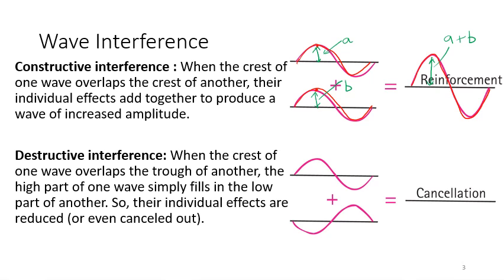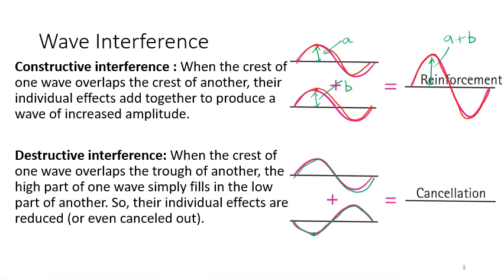And on the other hand, destructive interference. If you see the second wave set, the first wave is like this, and the second wave is completely opposite. That is, the crest of the first wave and the trough of the second wave occur at the same time.